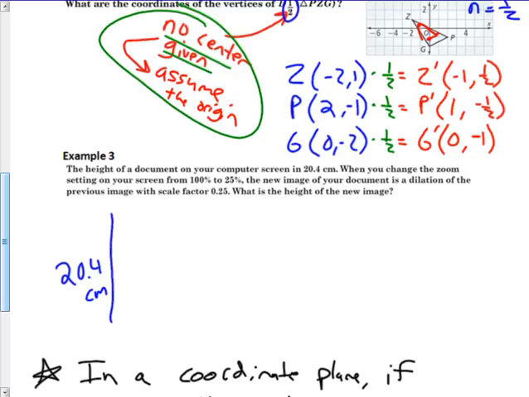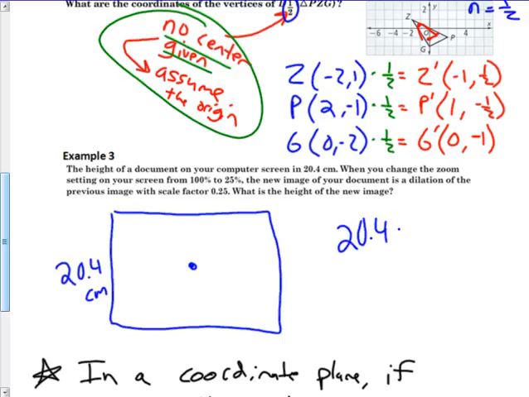Well, just like we did before, we don't need to worry about what the center of dilation is. Let's just assume that the center of dilation is right in the middle. So it's still going to be the same thing. You're just multiplying using that same system, and that's going to most often be the case. 20.4 times 0.25 is going to be your new one.